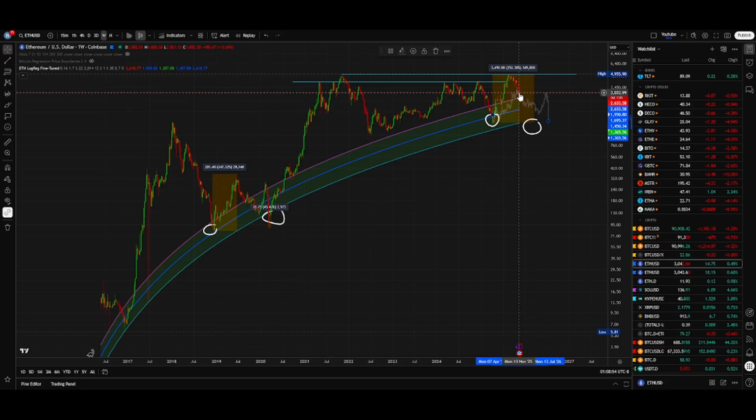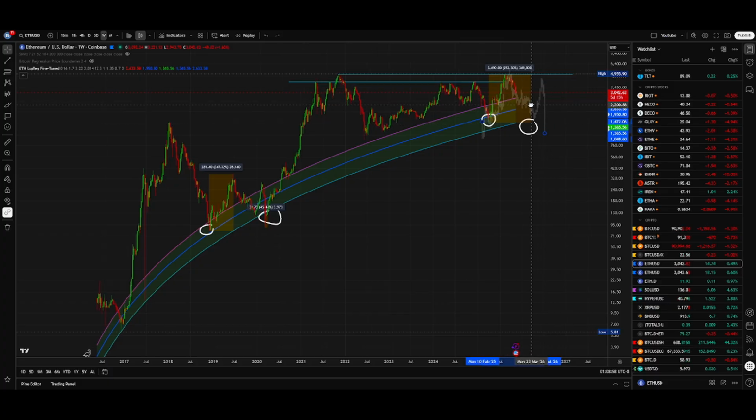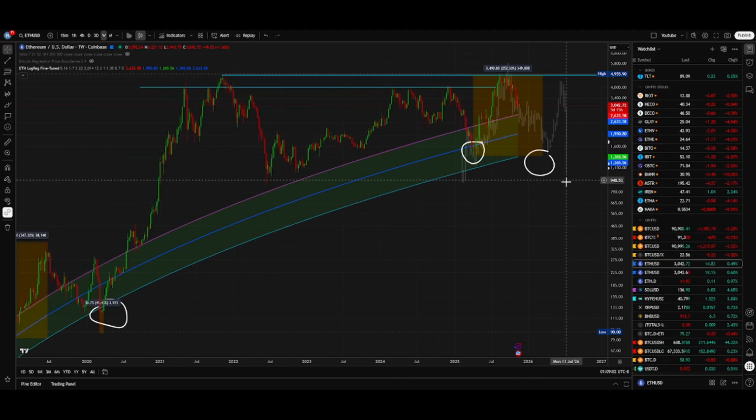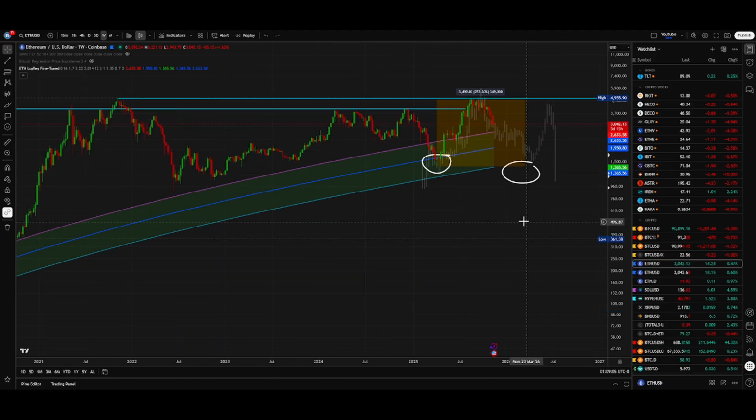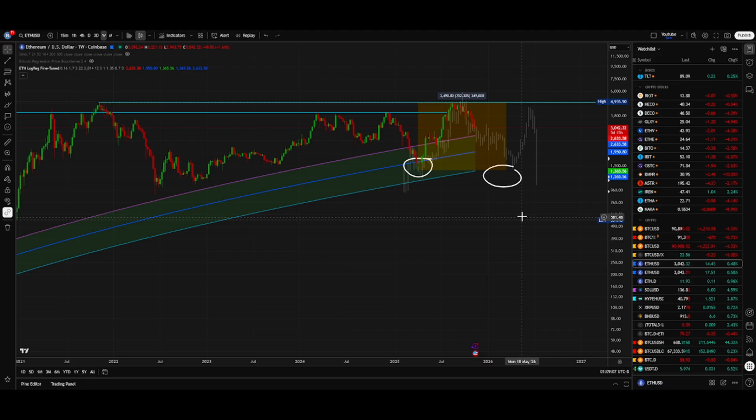Or is this the ETH fractal? And it could be. That looks really similar, and it seems to be following that.